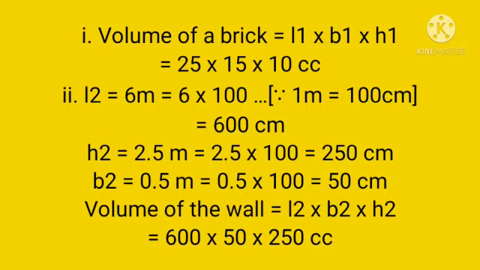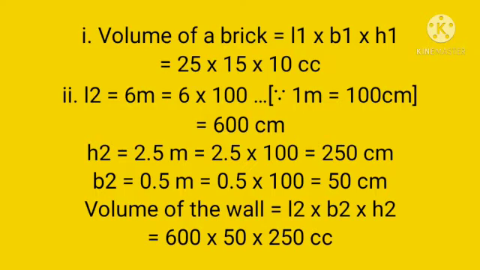Height H2 given is 2.5 meters, which is equal to 2.5 multiplied by 100, which is equal to 250 centimeters. Breadth B2 is equal to 0.5 meter, which is equal to 0.5 multiplied by 100, that is 50 centimeters.